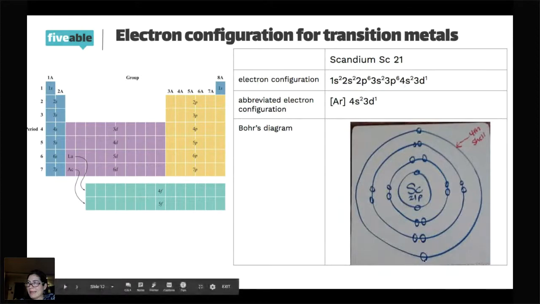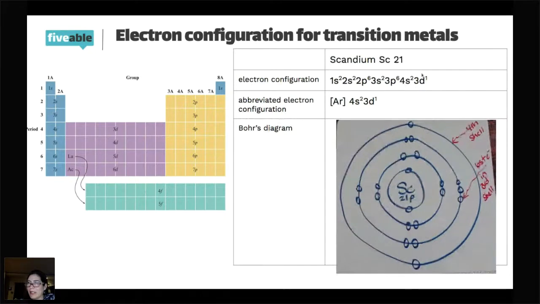And then the last electron that we're going to place is going to go in an inner level, in the inner third level. So right now on the third level, we have the 8 electrons that we have before, plus the last electron. So we will end up with this electron configuration, with this Bohr diagram, sorry. So we are here for scandium.